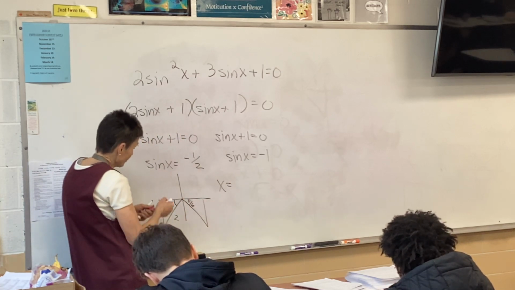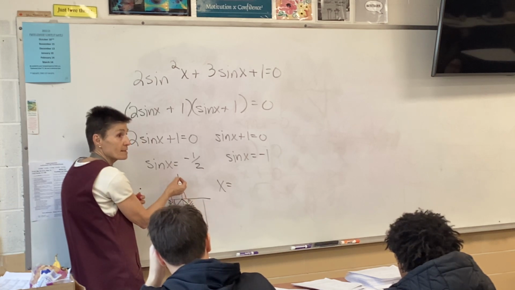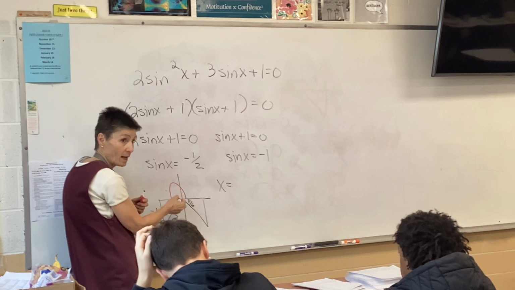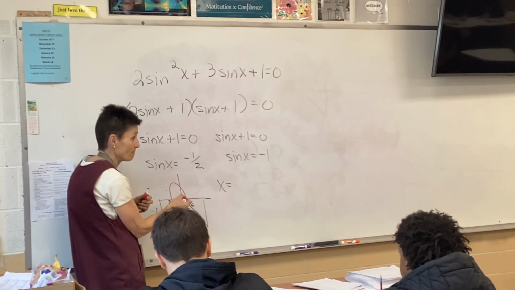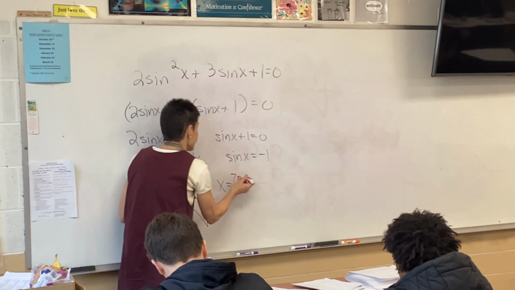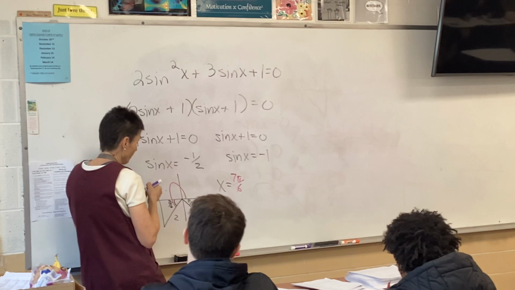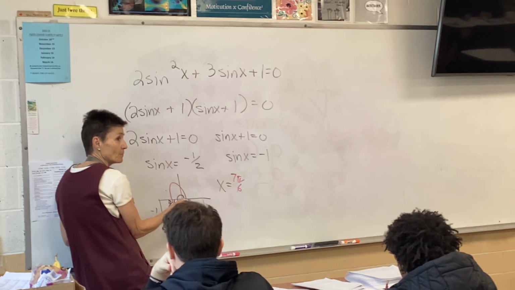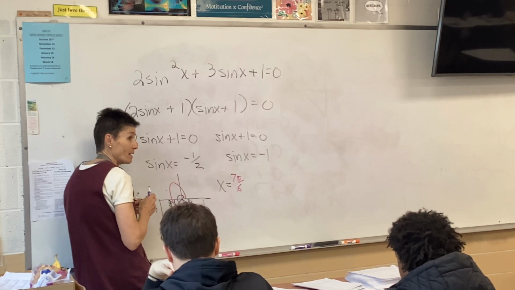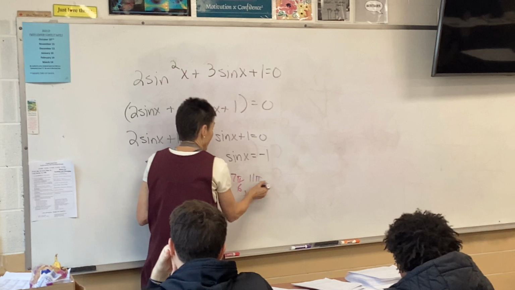An answer would be this, which is pi plus pi over 6, which is 7 pi over 6. Or this purple one, which is 2 pi minus pi over 6, which is 11 pi over 6.